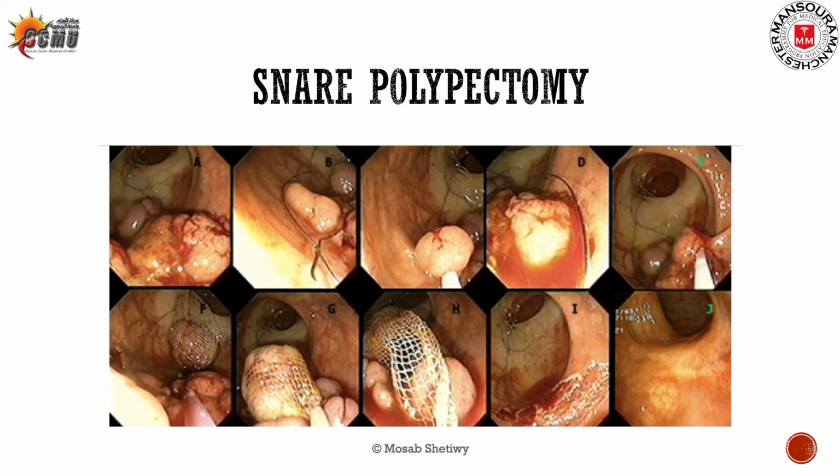In larger sessile polyps, the endoloop may not be sufficient, so they utilize a technique called piecemeal excision of this large sessile mass, and so as not to leave any residual disease or pieces behind, a net is introduced to collect these pieces.